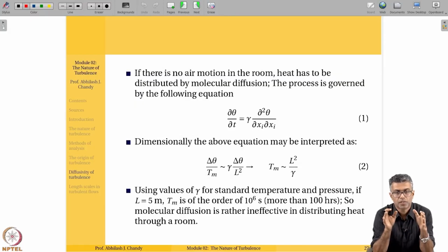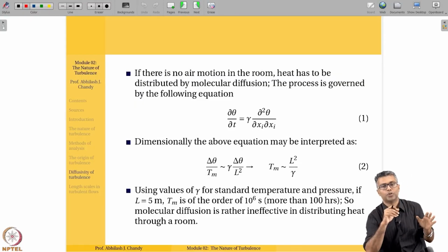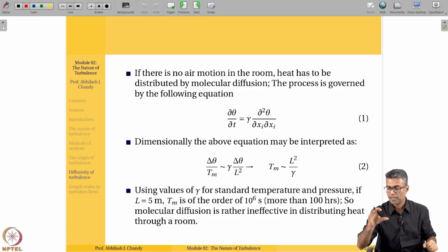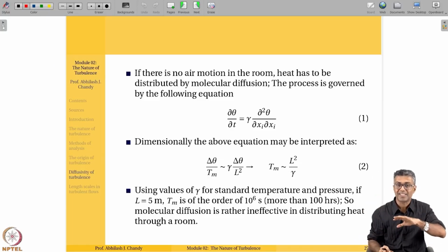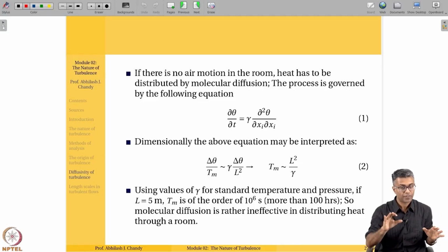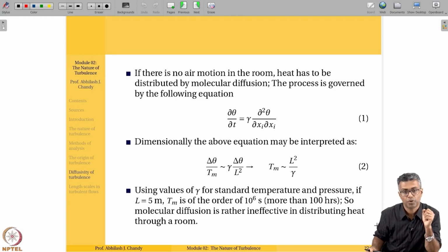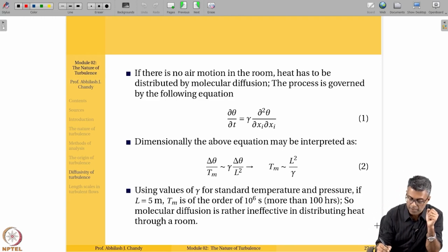Now consider in this room, first, the first case where there is no air motion in the room. There is a heater that is generating heat. Now the heat is distributed into the room. If there is no airflow, the heat is distributed in the room purely through molecular diffusion. And the process is governed by the equation shown here. This is the heat transport equation.